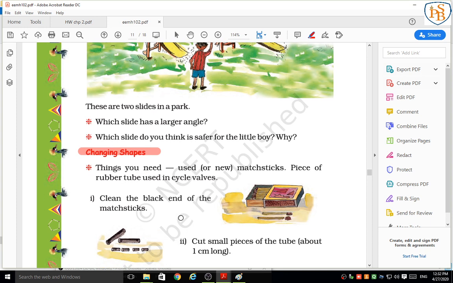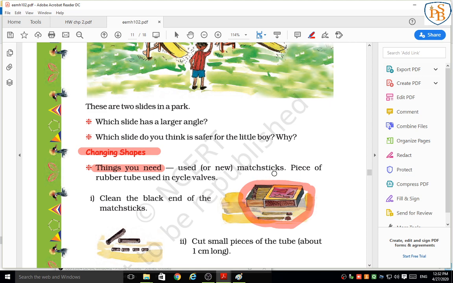Ready students? So start. Things you need. Before starting the session I told you what material we need. So for this topic, changing a shape, we need 1 box of matchsticks. 1 box means we need some matchsticks. If you are using new matchsticks, no problem, or if you are using used matchsticks, then also no problem.